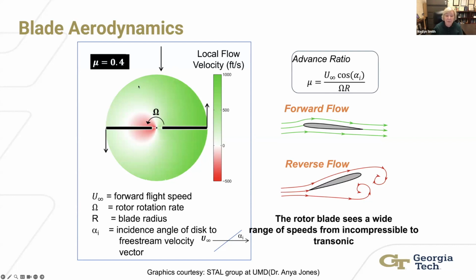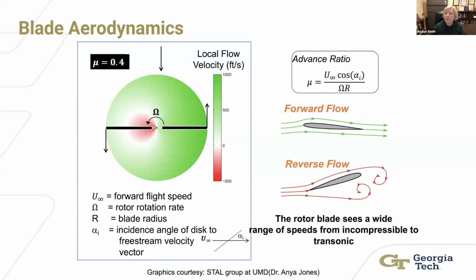So here's an example of the variation of the flow. This is an advance ratio of 0.4. Here's how you calculate the advance ratio. When we're talking about rotor speeds, we don't typically talk about your free stream velocity so much. We talk about the advance ratio of the rotor.